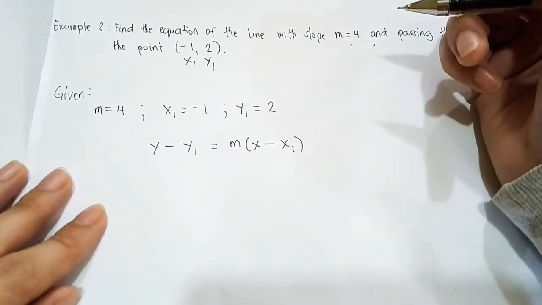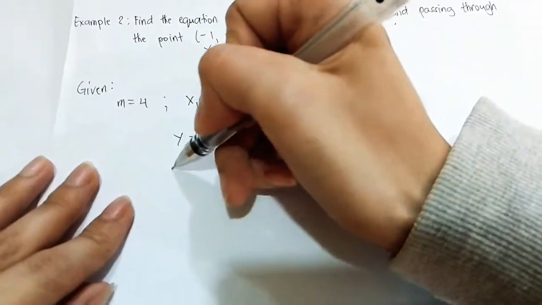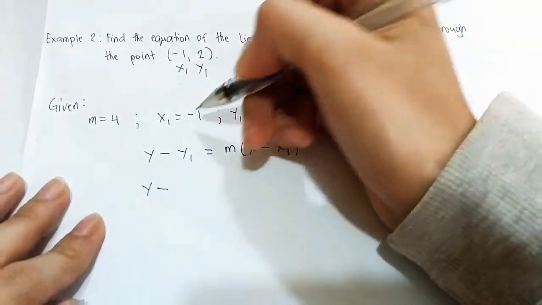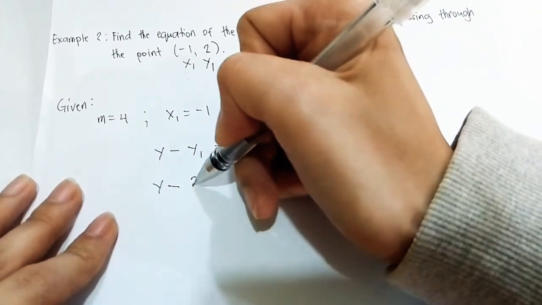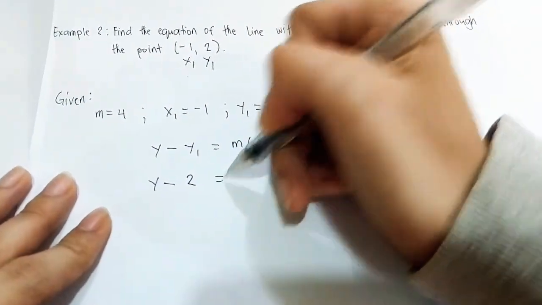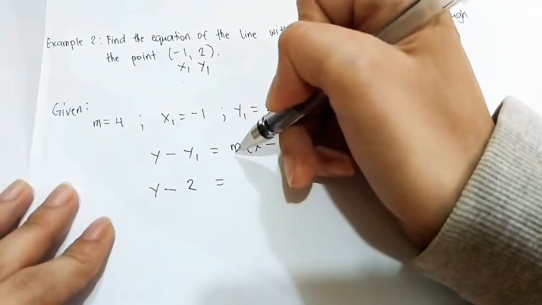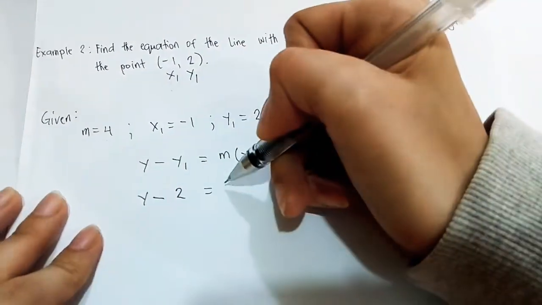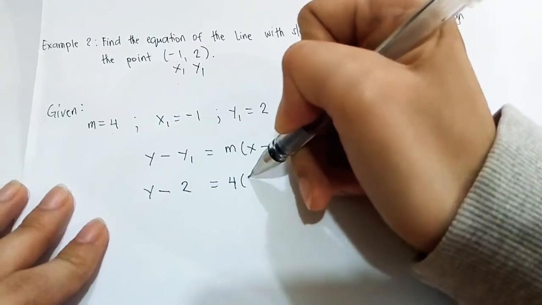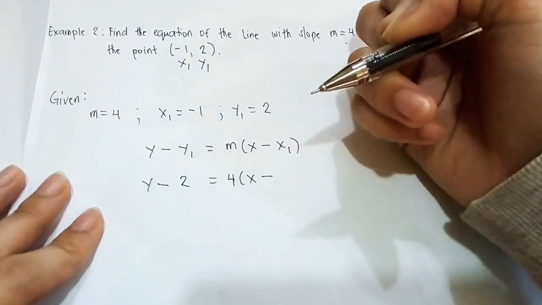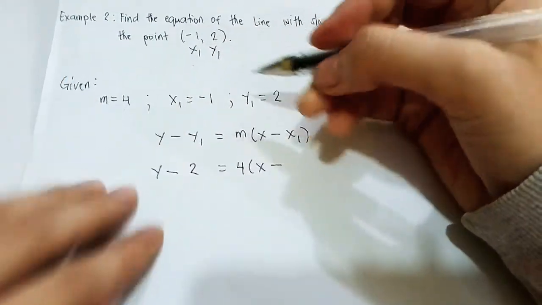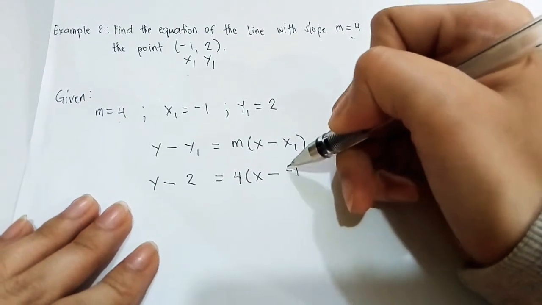Okay, next substitute the values. We have y minus y sub 1, which is 2, equals m, the slope given, that is 4, times x minus x sub 1, which is negative 1.